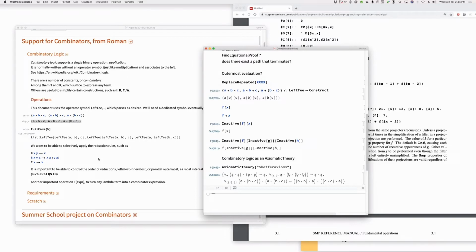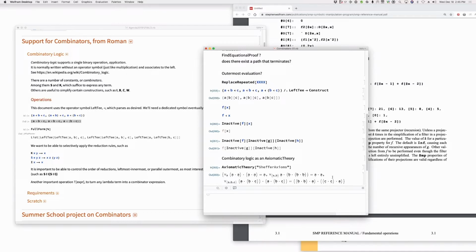Okay. So now the question would be, okay, let me just think for a second. So then the idea would be, this is the difference between equations and evaluation, right?